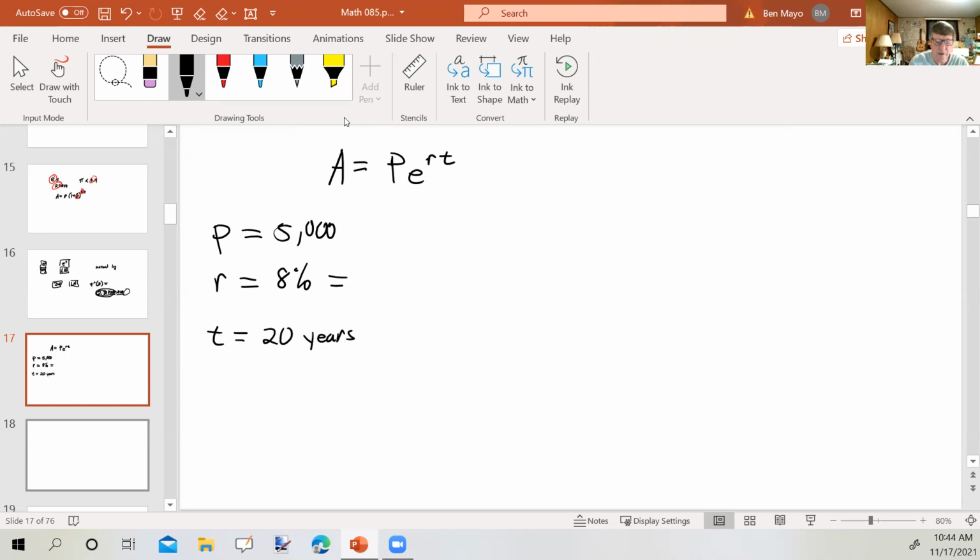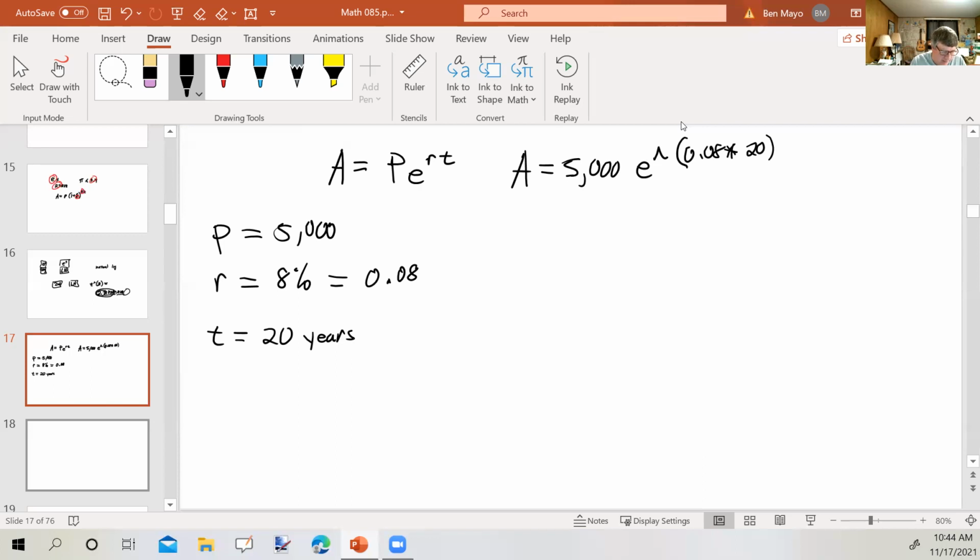First of all, we're going to convert 8% into a decimal, a non-percent number. So A equals 5,000 times e to the 0.08 times 20 power. Now, I can predetermine 0.08 times 20, or I can just put parentheses around the product and do it all at once.